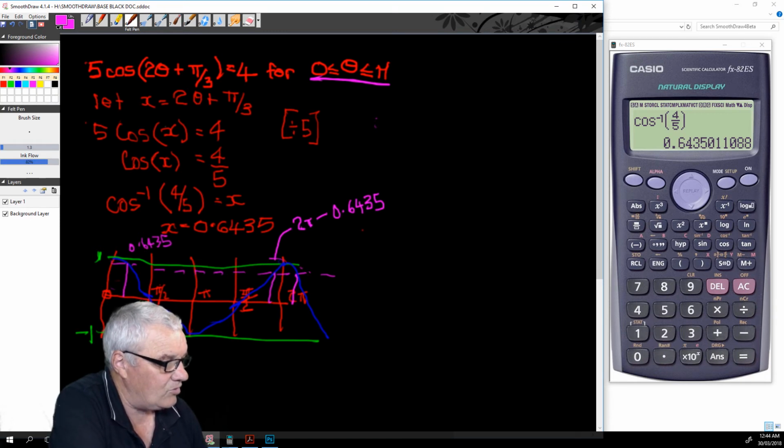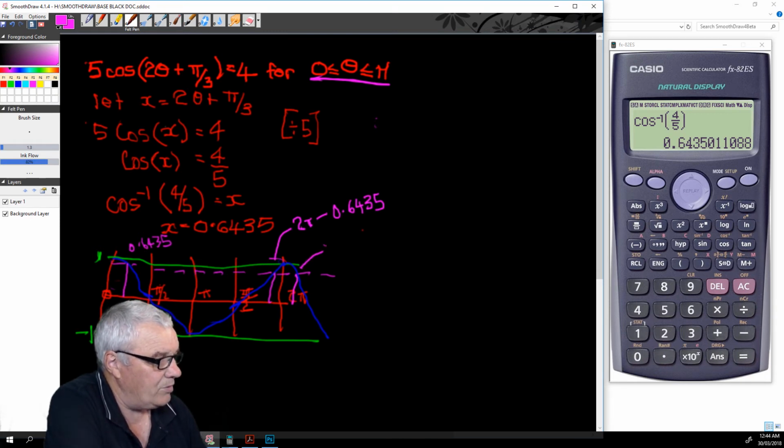And then this solution here will be 2 pi plus 0.6435.